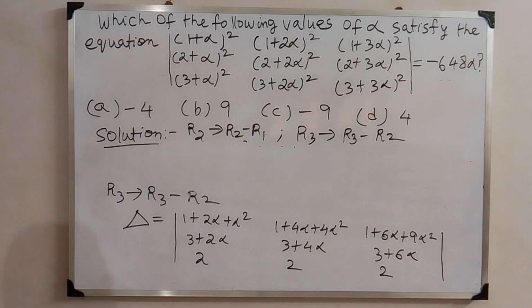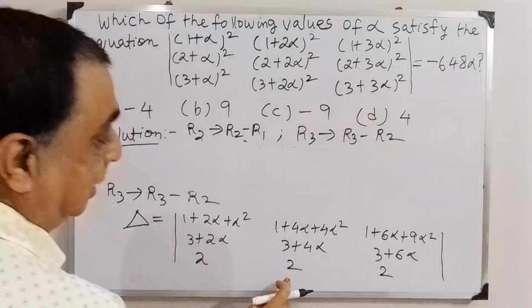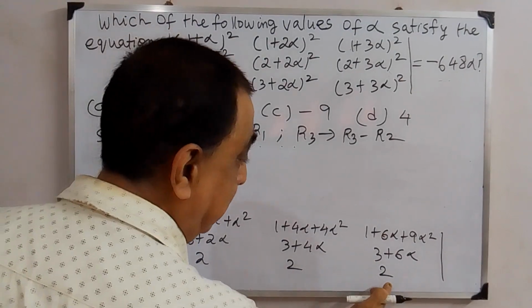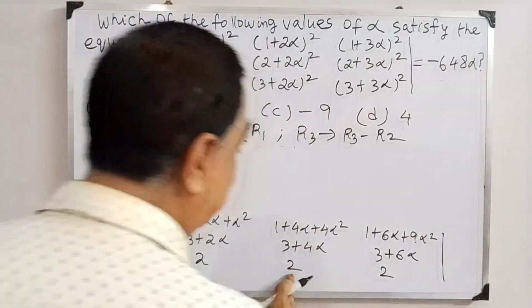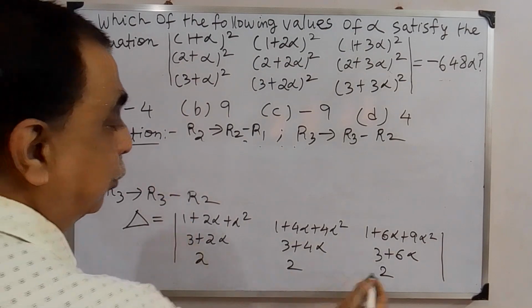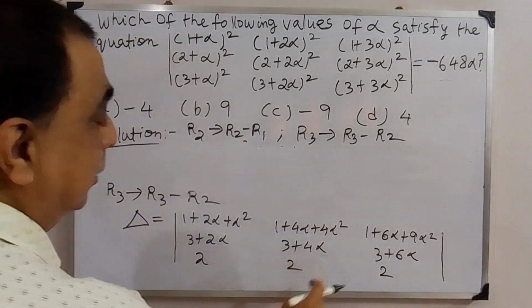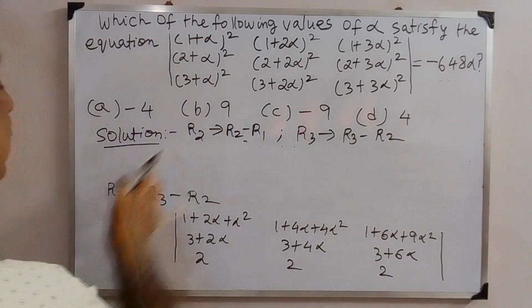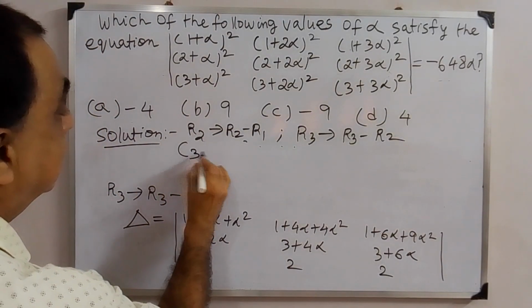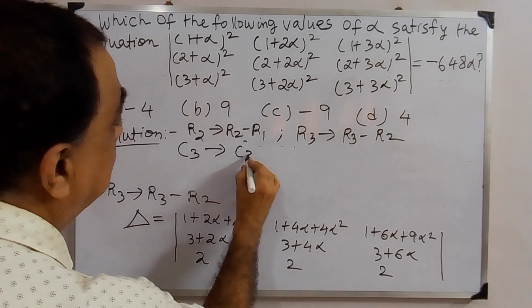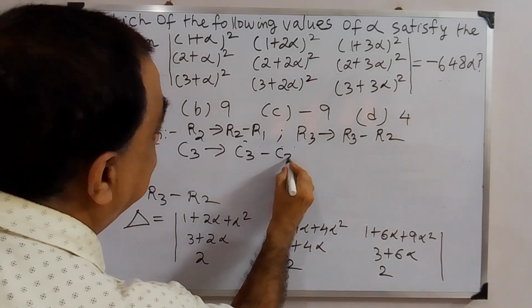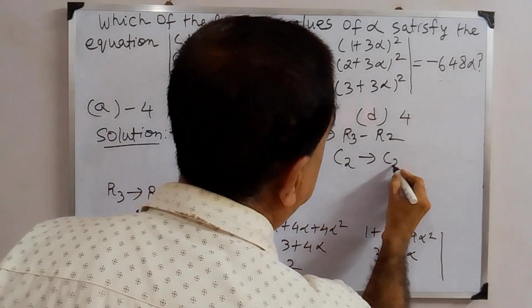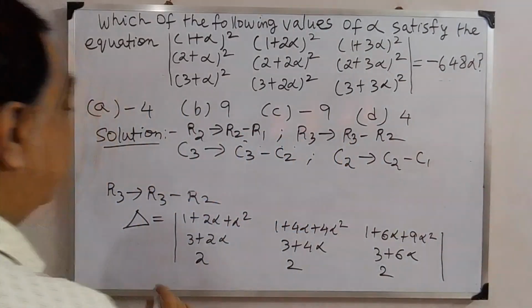So now what you do, you subtract column 1 from column 2, and from column 3 you subtract column 2. So this 2 and 2 will cut out. Here it will become 0, 0. So now we are doing this operation: column 3 becomes column 3 minus column 2, and column 2 becomes column 2 minus column 1.